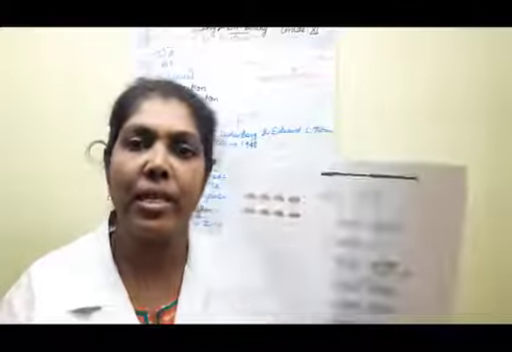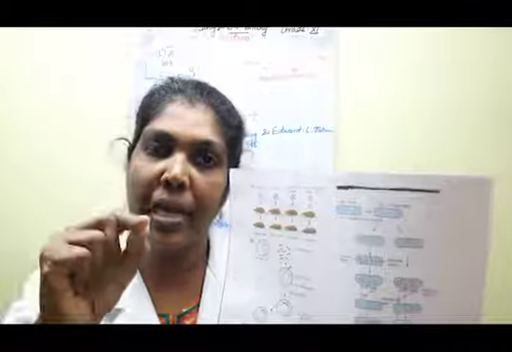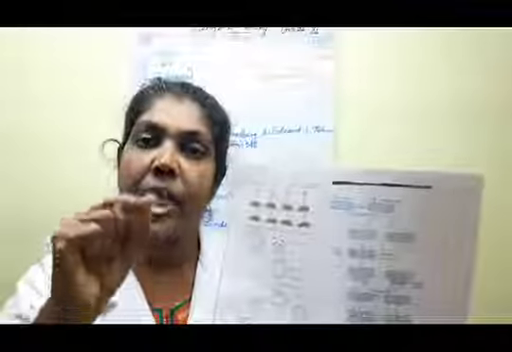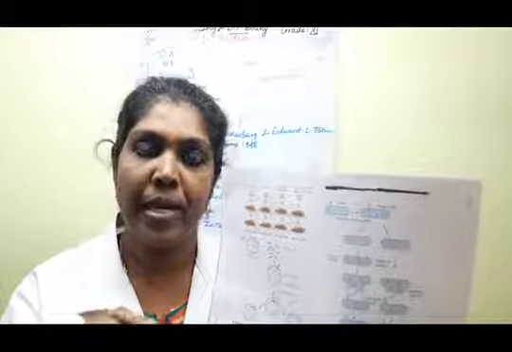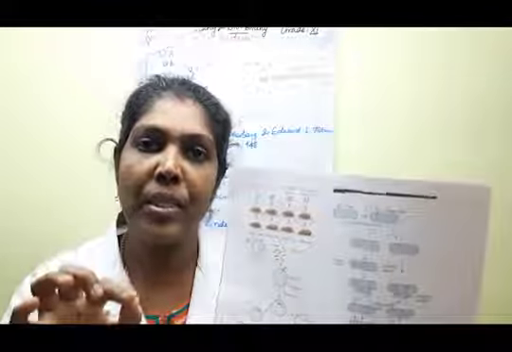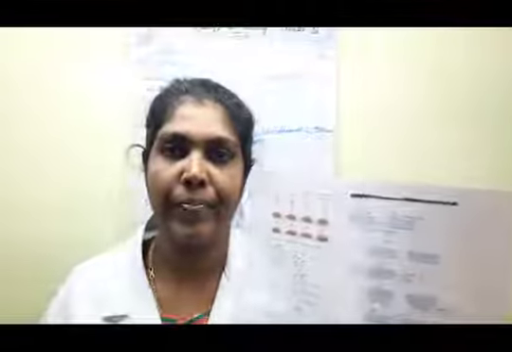The next one, specialized transduction, means the ability of the bacteriophage to transfer DNA into the bacterial cell at a specialized region or particular position. Understood? That's known as specialized transduction or restricted transduction.